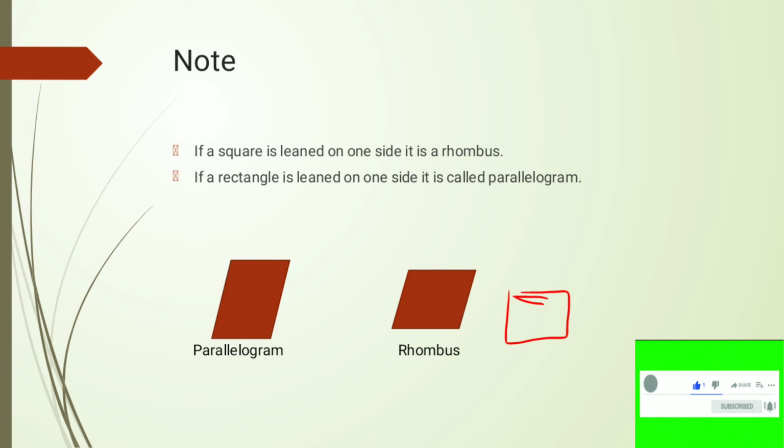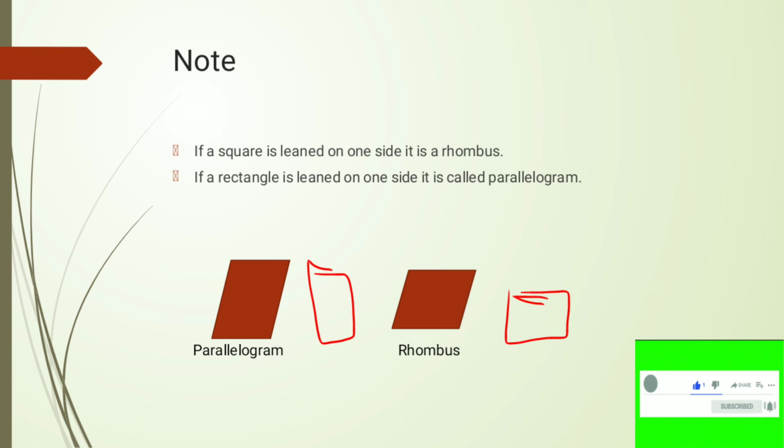Now if a rectangle is leaned on one side, it becomes a parallelogram. Here I draw the rectangle. It's also tilted a little bit. I have tilted it right now. So this one is the parallelogram, and this is the rectangle.